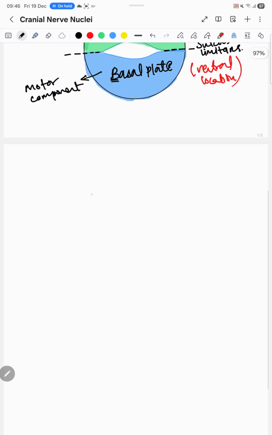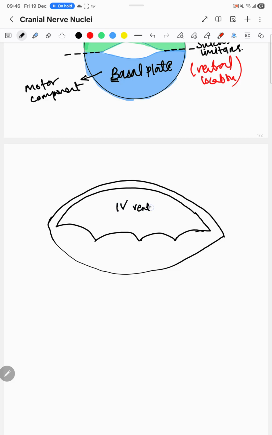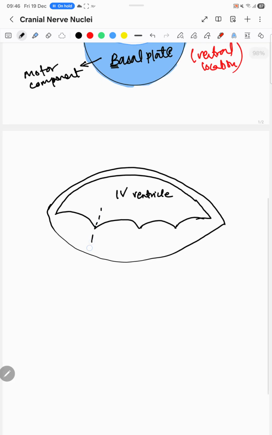Let's say this is 1, 2, 3, and this 4. If this is the fourth ventricle, this one right here is the sulcus limitans, right?